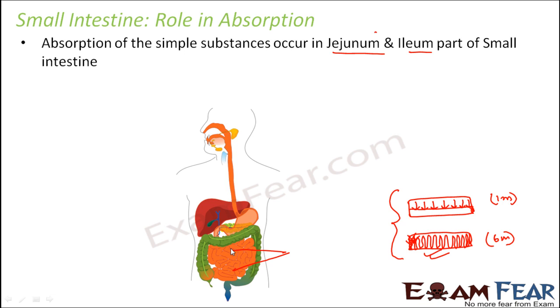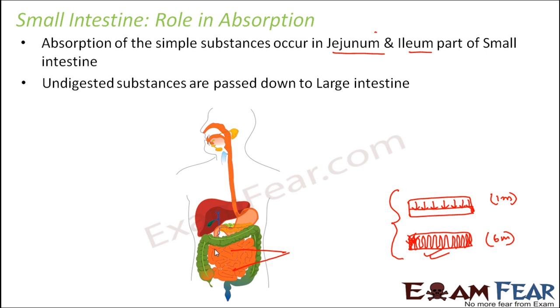That is why, if you compare the 3 parts of the small intestine, you will see that the jejunum and ileum are more coiled compared to the duodenum. That is because in the duodenum absorption does not take place, only digestion takes place, whereas in the jejunum and ileum absorption takes place, and absorption increases due to coiling of the intestine. Clear? So that is one part.